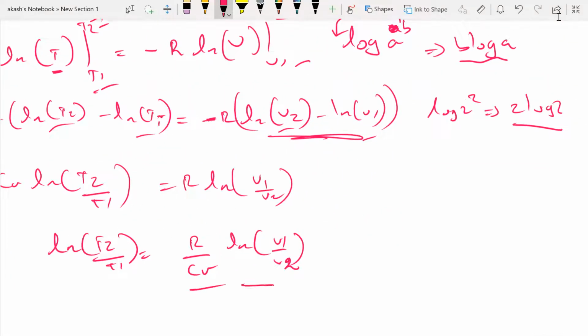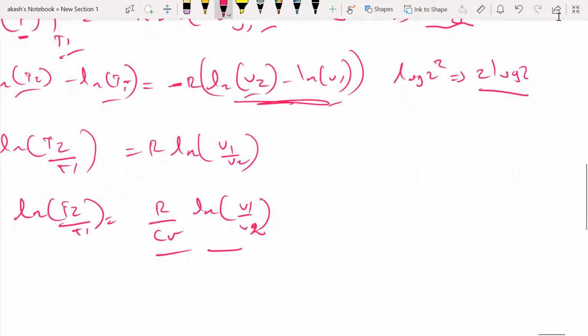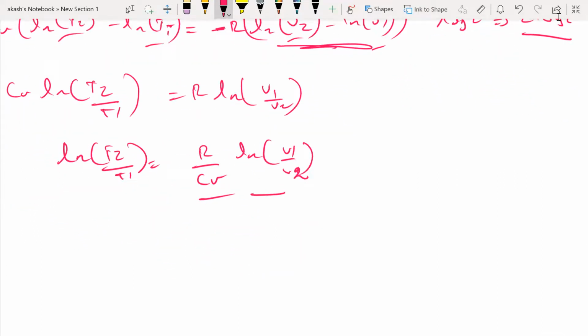One more thing, this is going to become too many logarithms and I don't want to confuse you. Eventually you will be getting the equation like this: T1 V1 power gamma minus 1 is equal to T2 V2 power gamma minus 1.